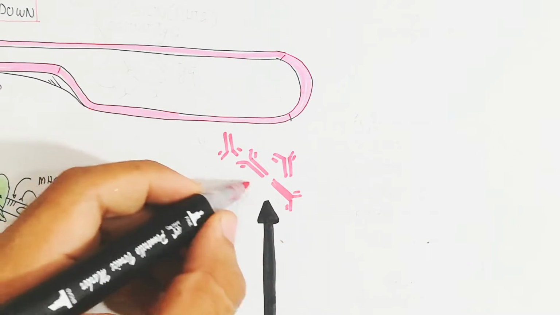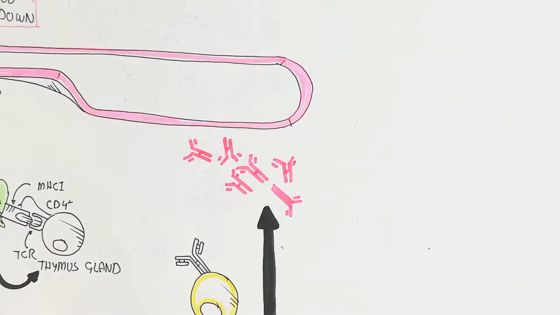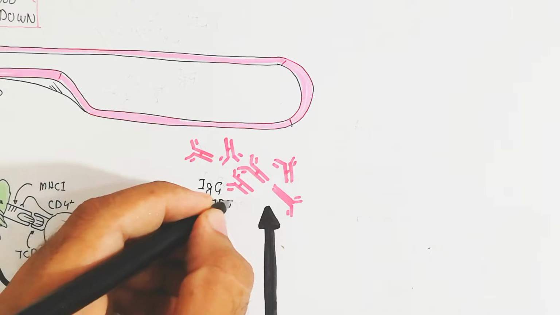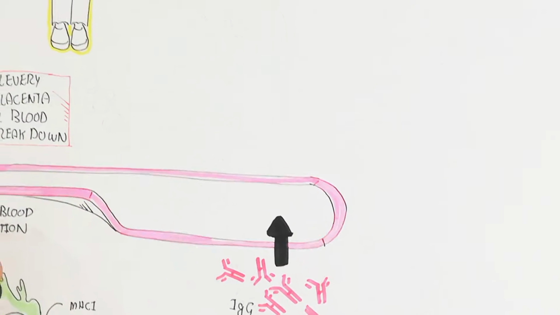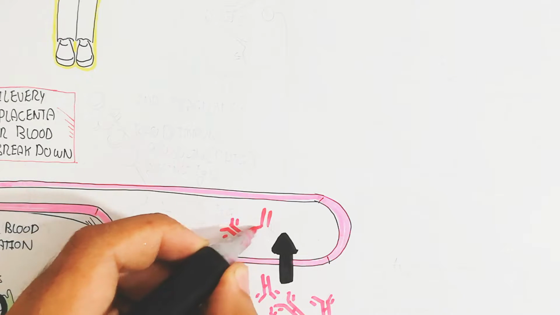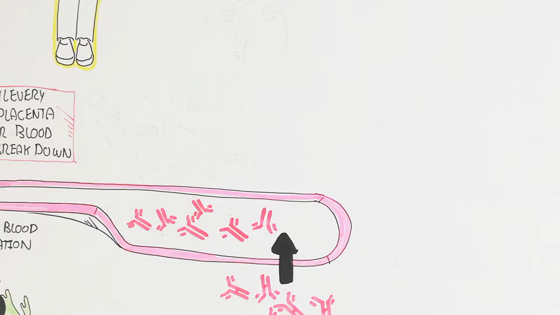A lot of antibodies will be produced, which will circulate in the mother's circulatory system, so the IgG antibody will be present in the blood after the second pregnancy. Let's understand what will happen during the next pregnancy.